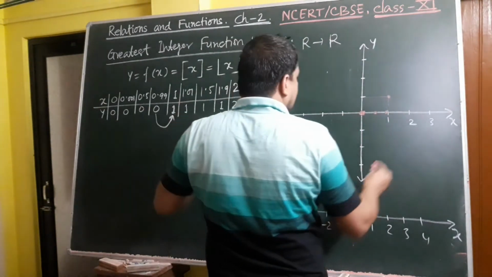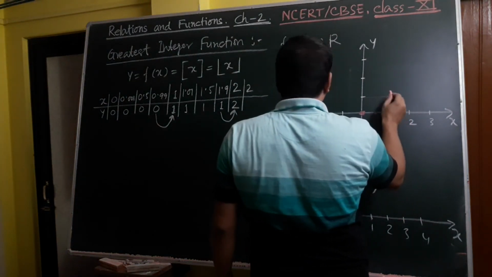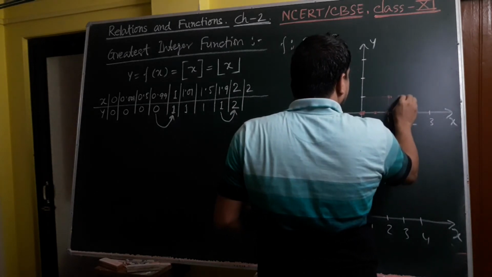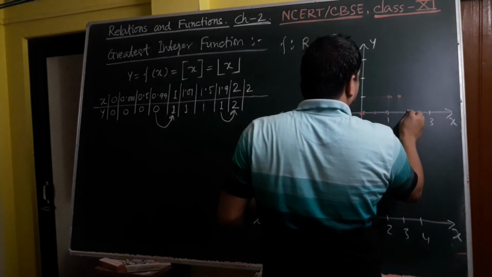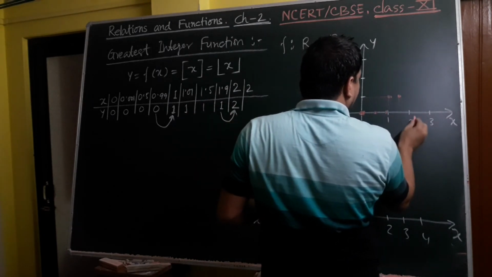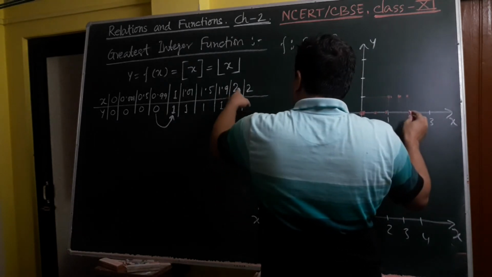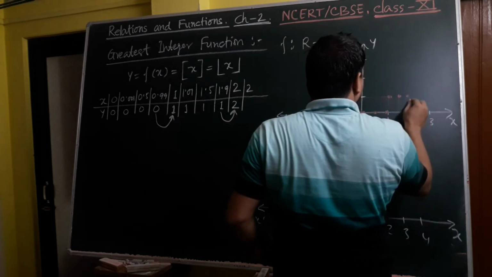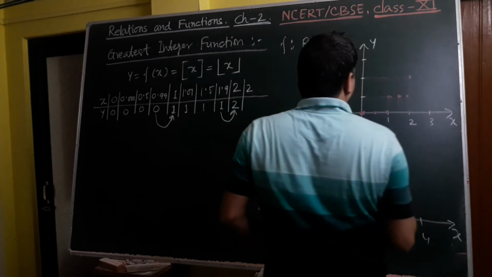Then 1.01, again there will be a point just adjacent to 1. Then 1.5, it is 1 only. Then 1.99 also. So here just to the left of 2, again I get 1 point. Then at 2 it jumps from 1 to 2. So I get 1 more point here.